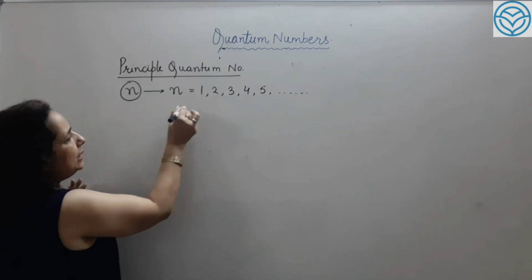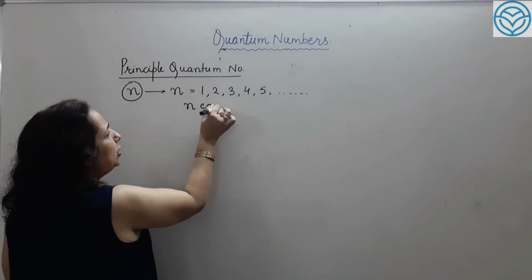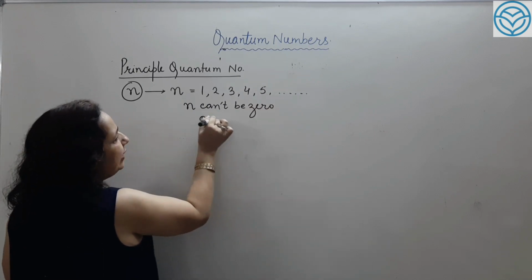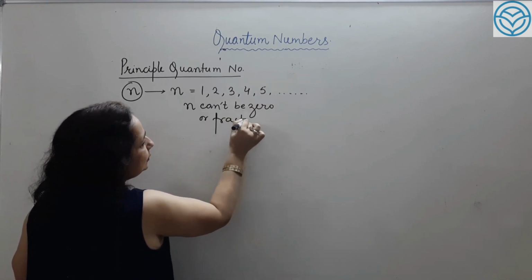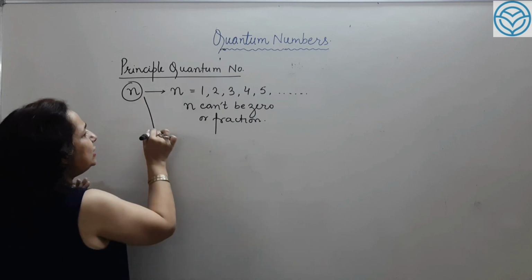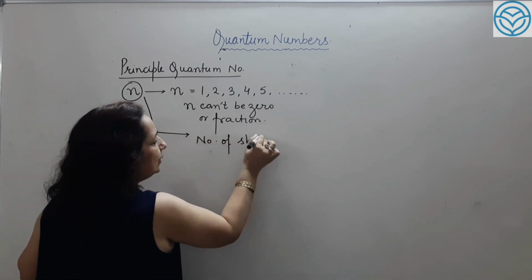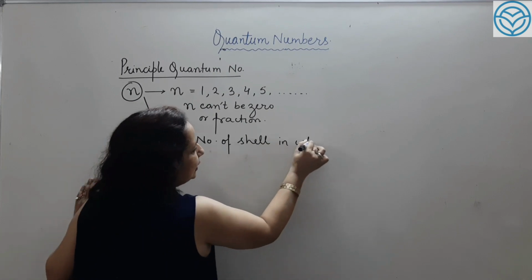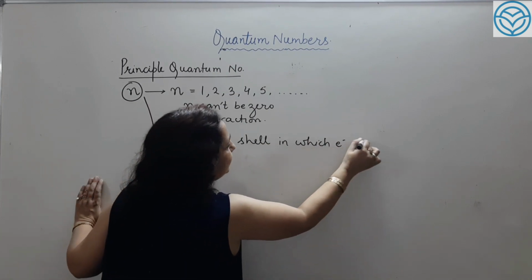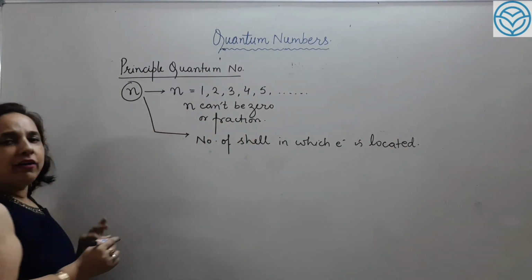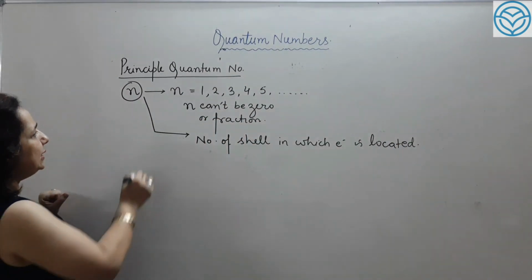N cannot be 0 or fractional. N is going to tell us the number of the shell in which the electron is present.